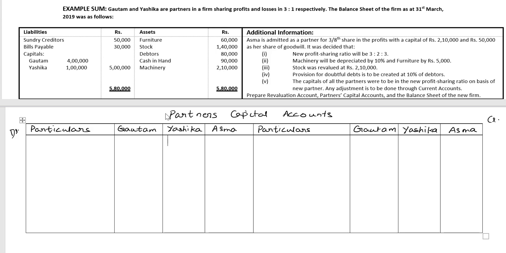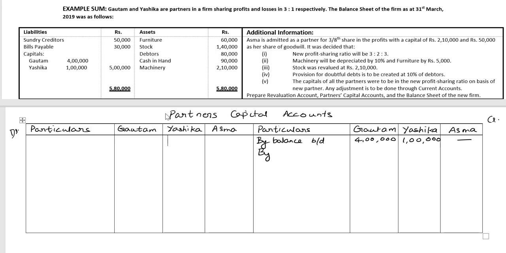We'll begin by bringing down the balance of the capital accounts by balance brought down. 4 lakh rupees for Gautam, 1 lakh rupees for Yashika. Asma brings in rupees 2,10,000 as capital.